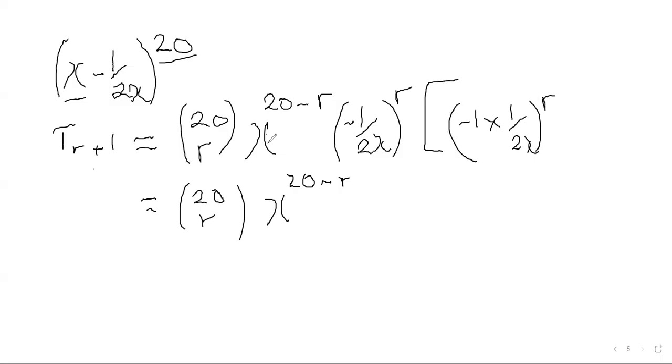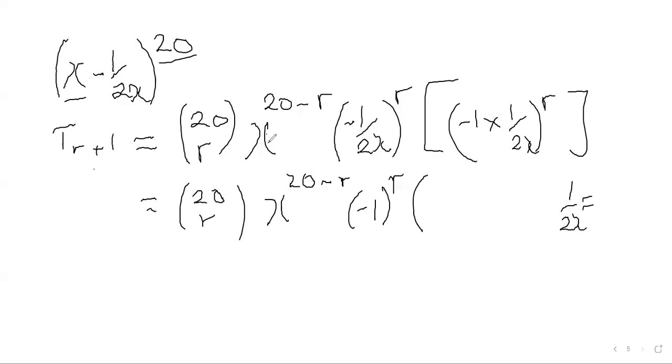I want you to get it from this angle. So here you are going to have negative 1 to the power r. The next term that you have is 1 over 2x.